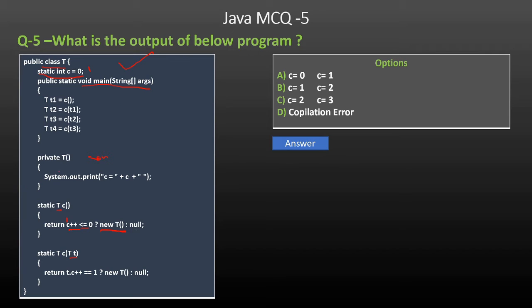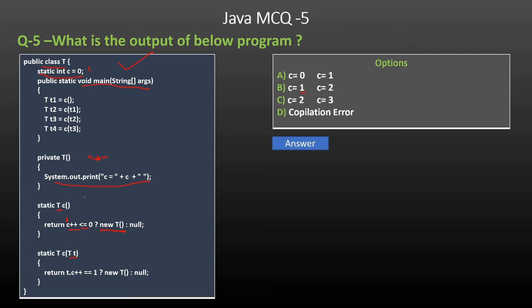Because we are creating an object, the constructor will get called and it will print the value of C, which should be 1, because after comparison it was incremented to 1. So I think the first value should be 1 if I'm right.